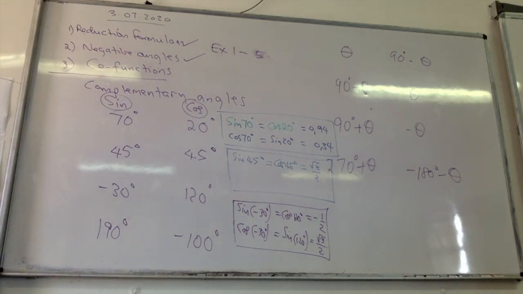What can you say about any two angles that add up to 90? What conclusion can you reach from the little experiment that we've done? What can we say about any two angles that are complementary?